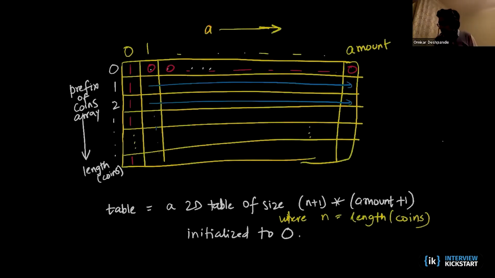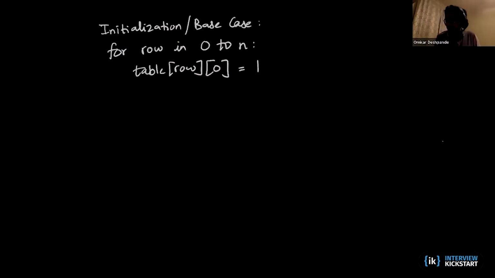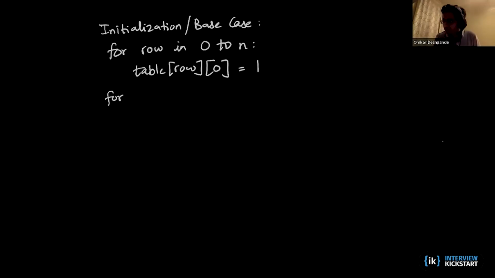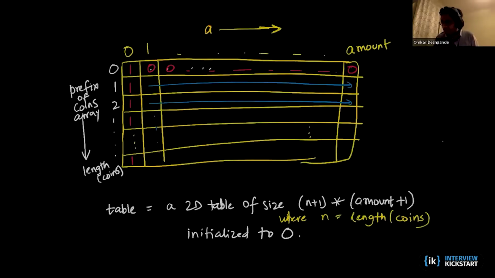And then we do our actual traversal using a double for loop. So we'll have an I variable, or a row variable, varying from 0 through n. That's the index in the coins array.